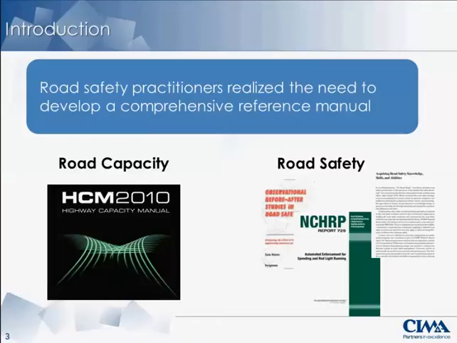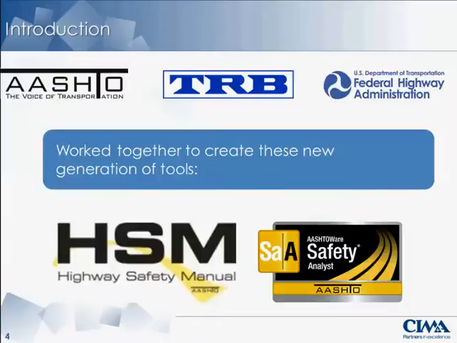And then there were NCHRP reports and also research papers, right? The practitioners in road safety didn't have one document like the HCM that they could use in their day-to-day lives. And then what happened, AASHTO, TRB, and US DOTs, also Ministry of Transportation Ontario, and a lot of people in Ontario, because of the strong road safety background of Ontario, contributed to a document called Highway Safety Manual, right?